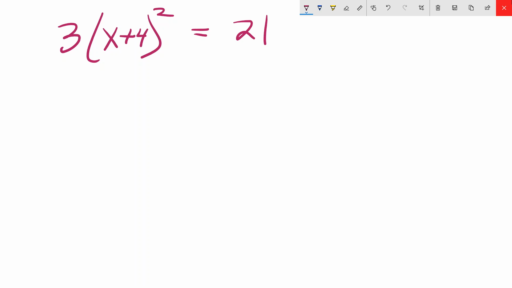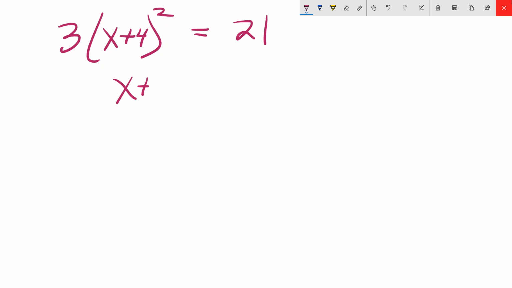Let's do 3 times (x plus 4) squared equals 21. Okay, what's the first step there? I divide both sides by 3. Yeah, you don't want to take the square root of both sides because that 3 you need to get rid of before you take the square root of both sides.